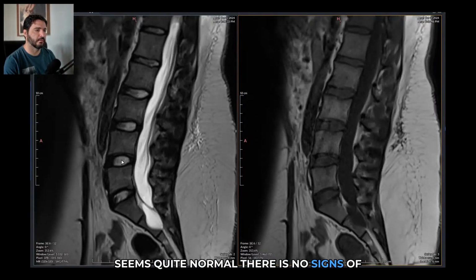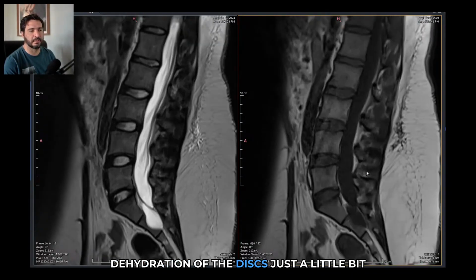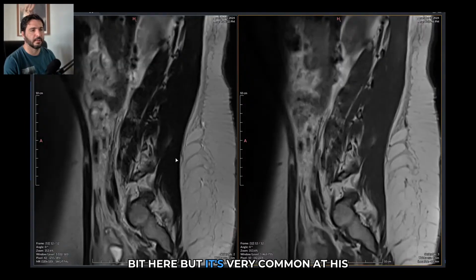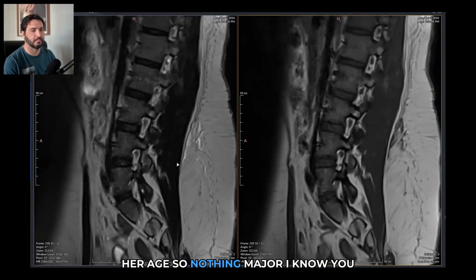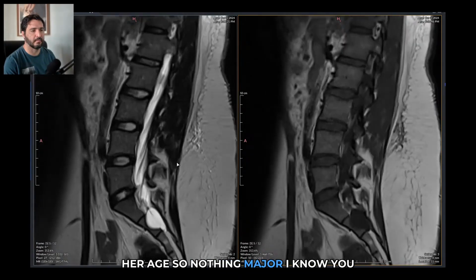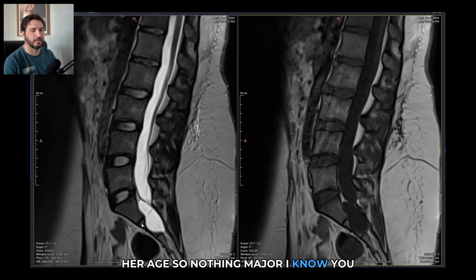There are no signs of dehydration of the discs. Just a little bit right here, maybe something right here and a bit here, but it's very common at her age, so nothing major. I know you guys have seen this already.